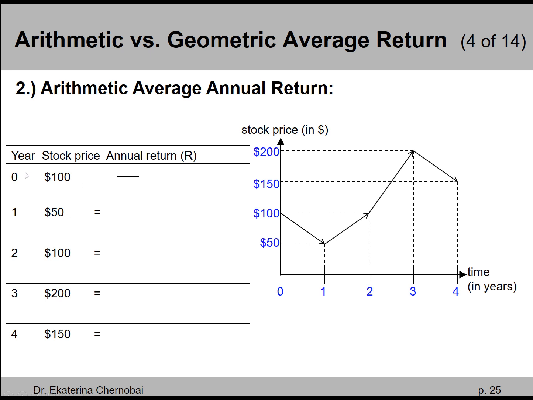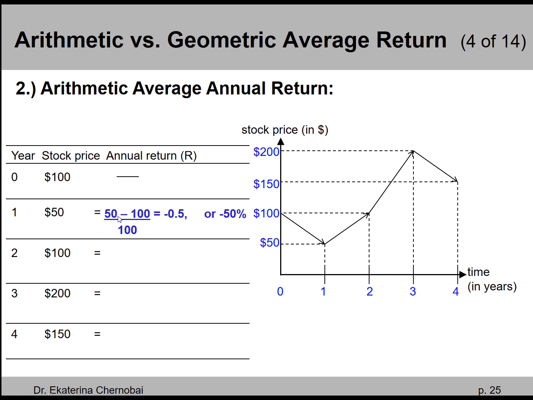So when you pay $100 to buy 1 share today, and a year later the price drops to 50, what does it tell you about the annual return, the return over 1 year? Clearly, it fell by half, right? And the way we calculate return, which is clearly a 50% drop, we always use this little formula, and I always tell my students to memorize this trick: new minus old divided by old.